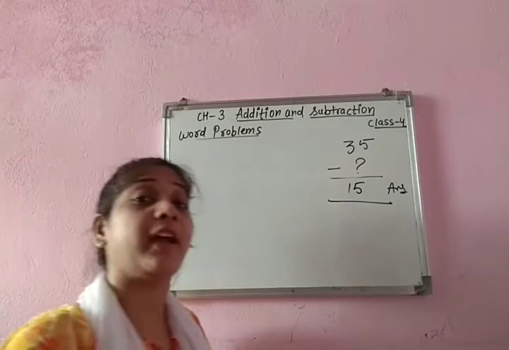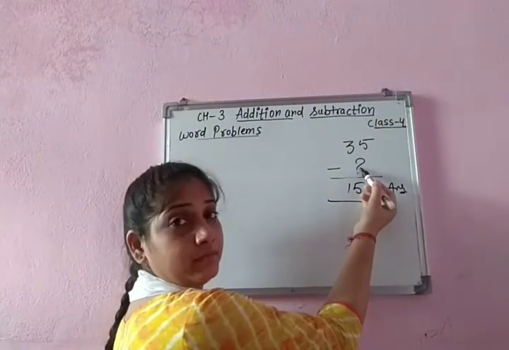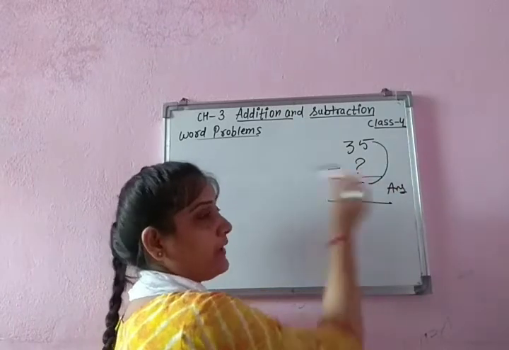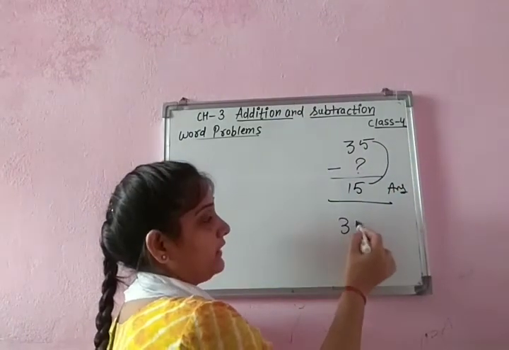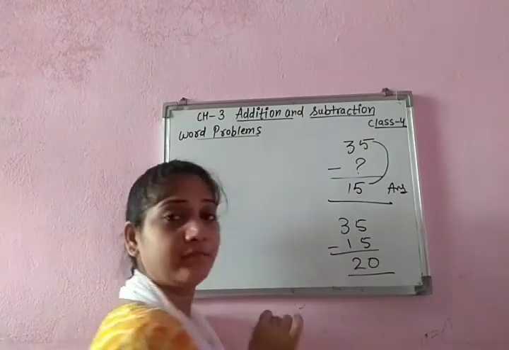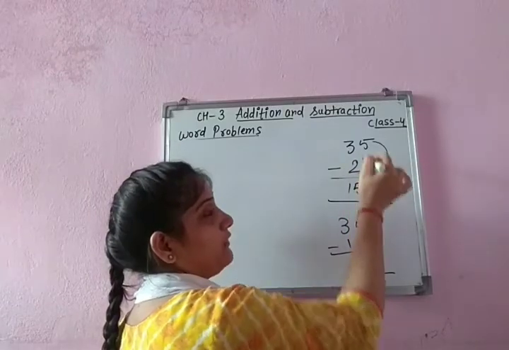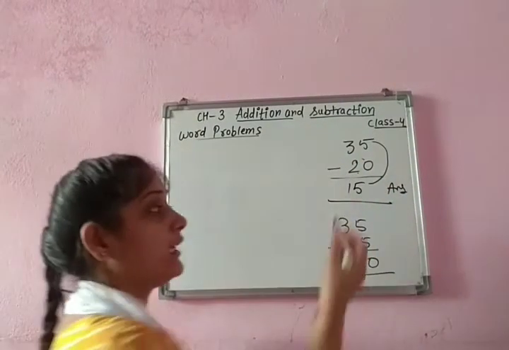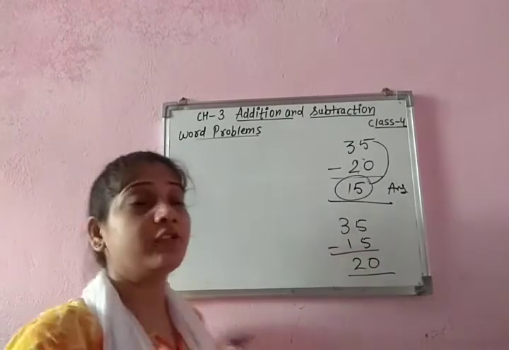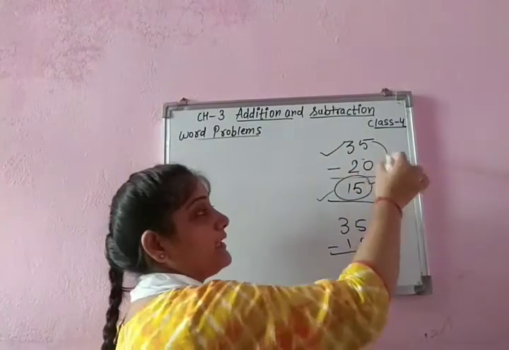Smaller number means we have to find the subtrahend. So how to find this number? Do you remember? You have to subtract these two only. 35 minus 15 is 20. Okay. So it means the number is 20, because when you are doing 35 minus 20 then only you will get 15. So what is given to you? Minuend and difference are given. You want to find the subtrahend.